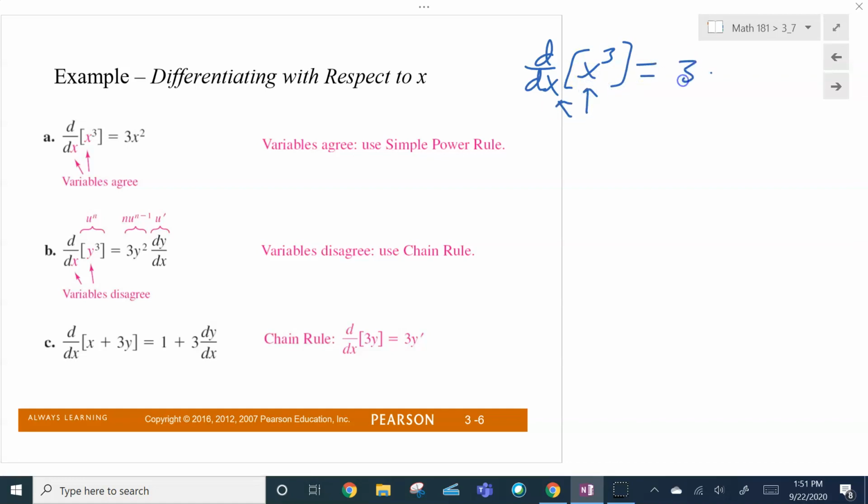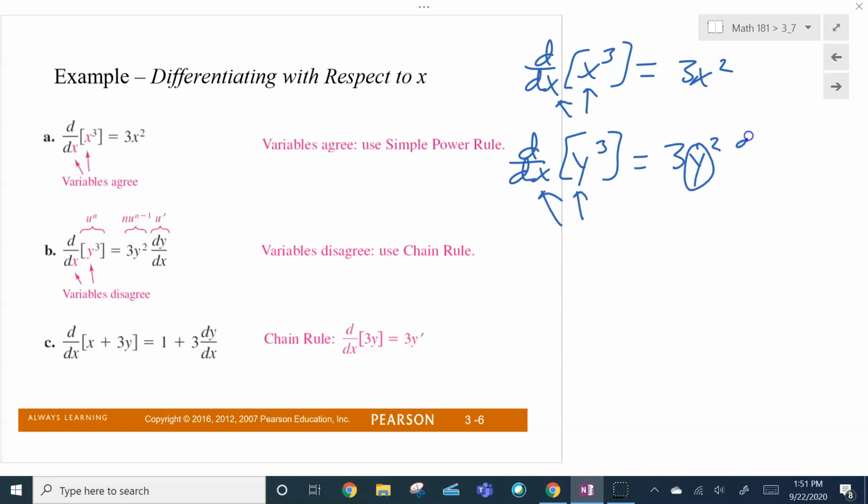So we can just run it, 3x squared, right? Now here, the derivative of y cubed, you say, okay, I'm going to run the power rule, 3y squared, but I'm not sure what y is, right? There's nothing it could be solved for where these variables do not agree.